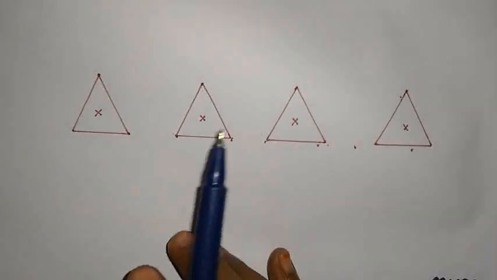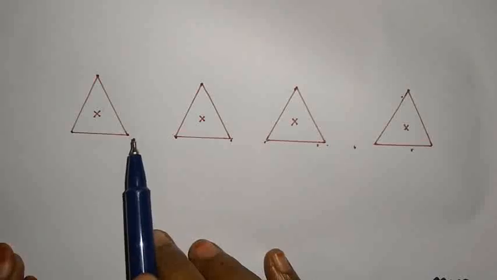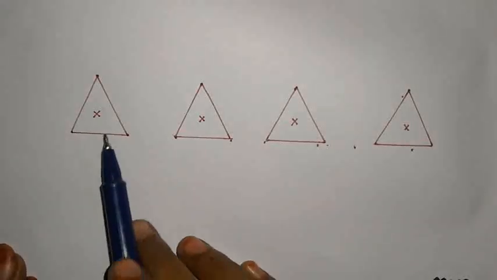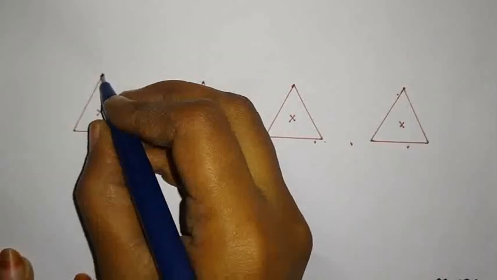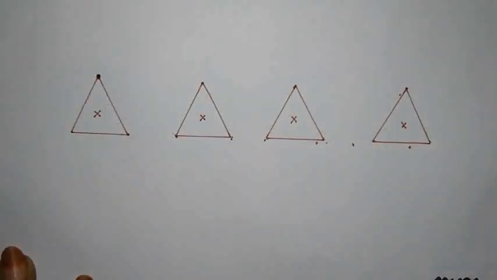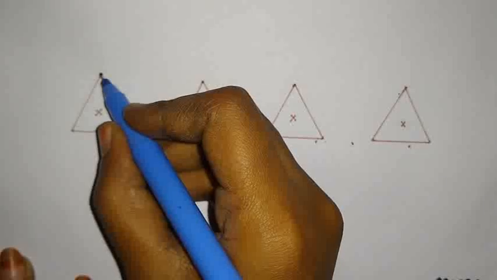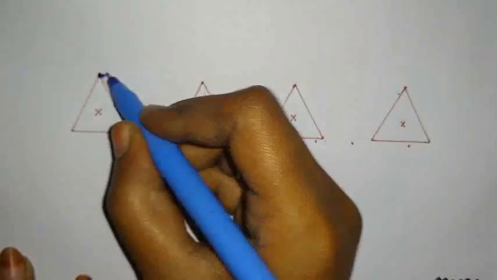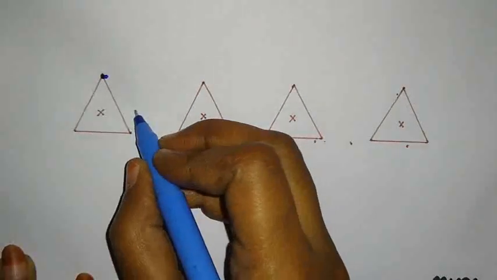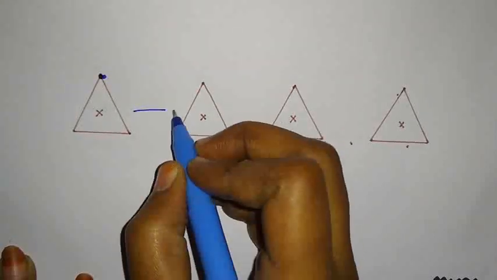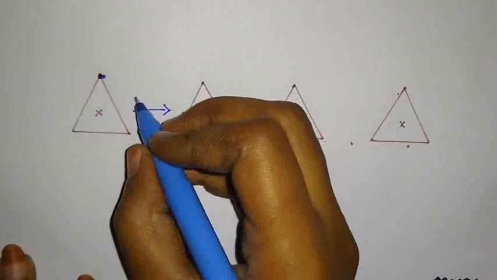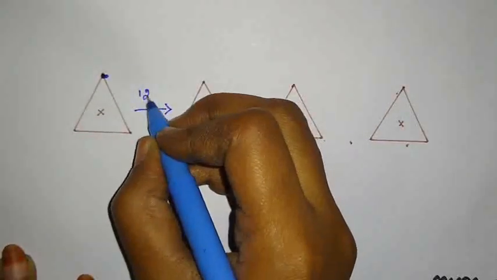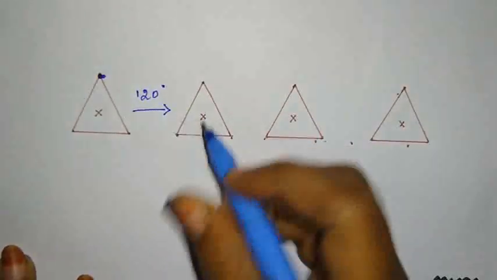Let us look at the triangle. This is our initial point. So we put a point here or here for our reference. And we have to rotate 120 degrees. In a triangle, we have to rotate 120 degrees.